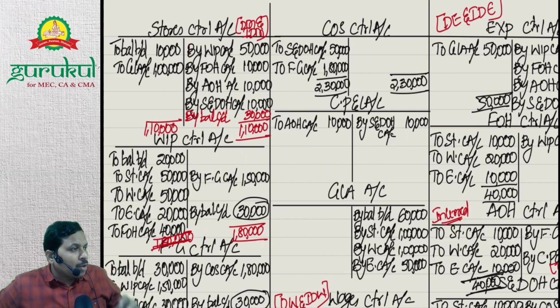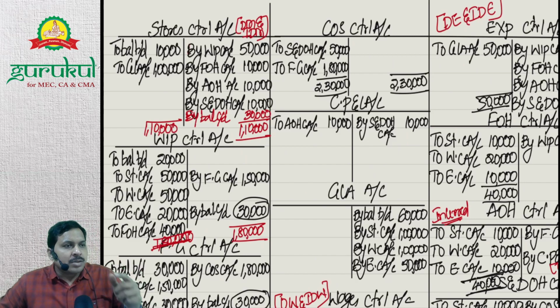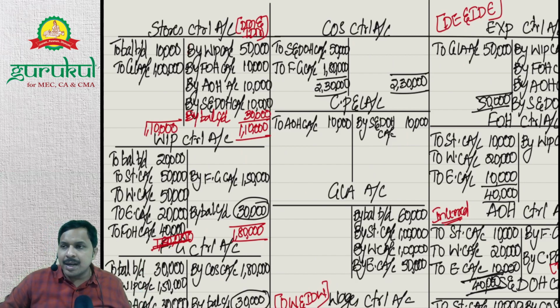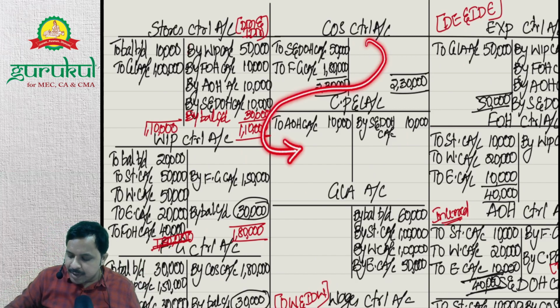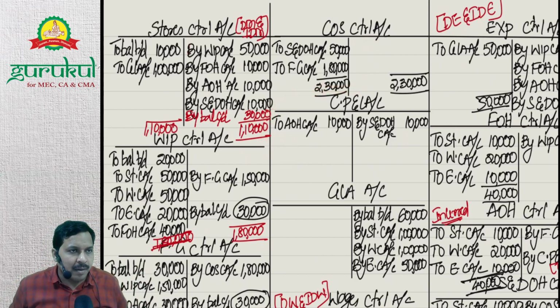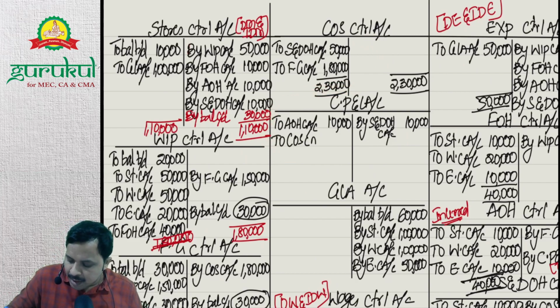By transferring the cost to costing P&L account, we'll be getting which value? Profit value. So the cost of sales entry is costing P&L account debit to cost of sales. That means this cost of sales will be transferred to which account? Costing P&L account. So costing P&L account debit to cost of sales control account.